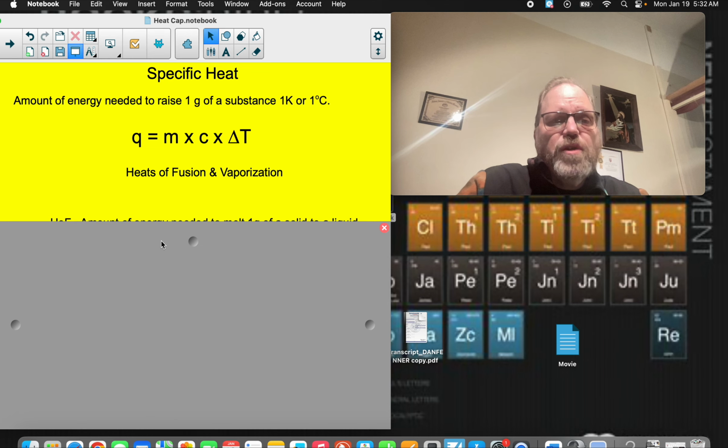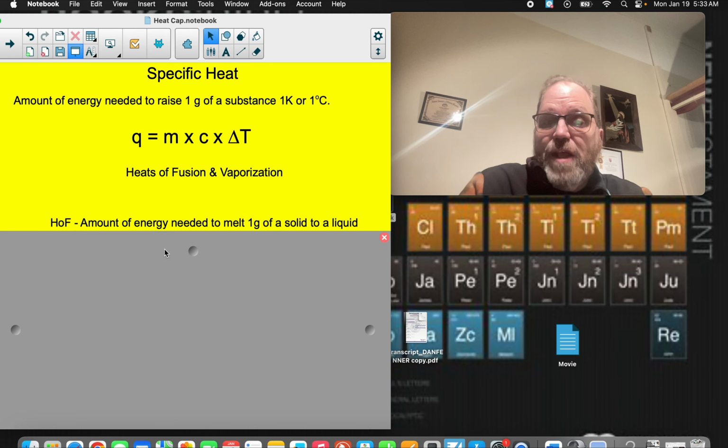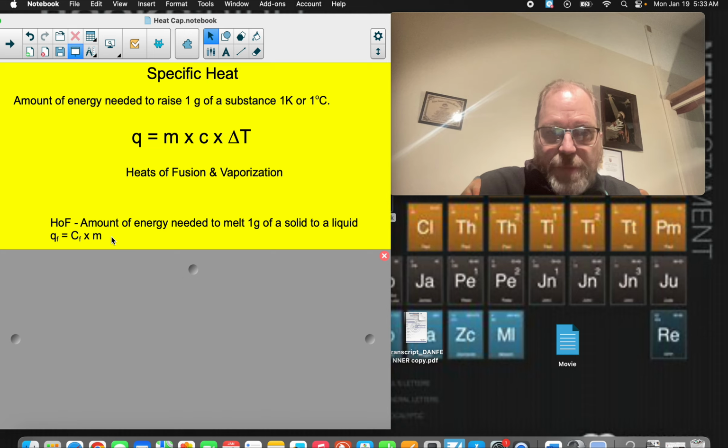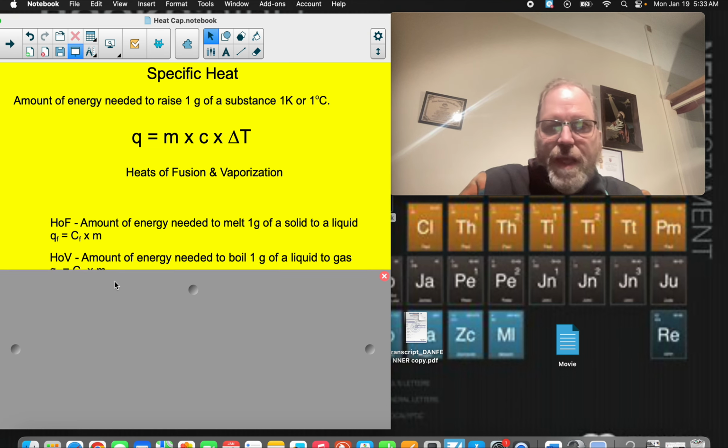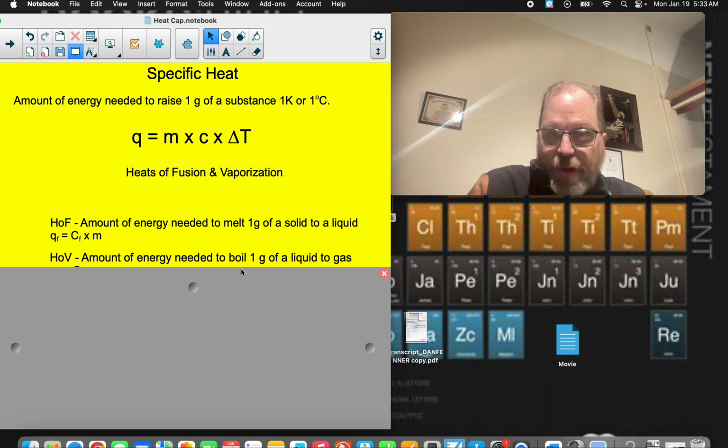Heat of fusion is the amount of energy needed to melt 1 gram of a solid. You'll notice there's no delta T and no change in temperature, because when you melt, the temperature remains constant. So Q of F is equal to C of F times M. Heat of vaporization is the amount of energy needed to boil 1 gram of a substance.